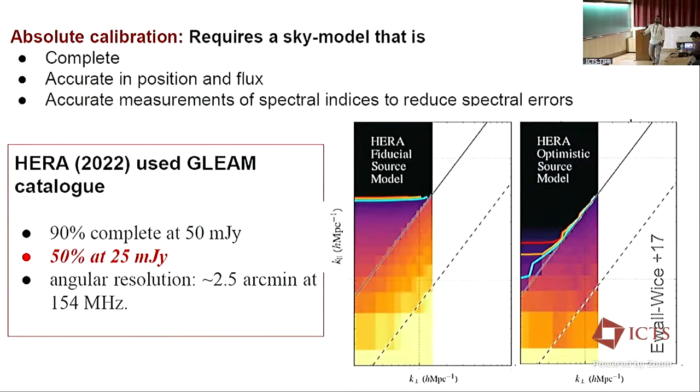Otherwise, the foreground leakage will not allow us to probe these regions. So HERA's best upper limit results have used the GLEAM catalog, which is 90% complete at 50 millijansky. However, the completeness goes down to 50% at 25 millijansky, and its angular resolution is around 2.5 arcminute at the frequency of our concern.